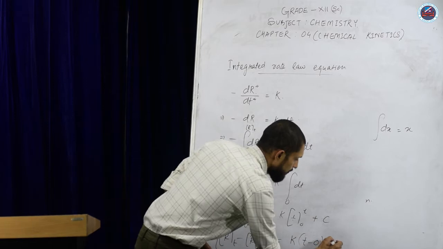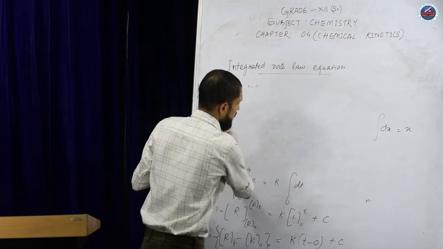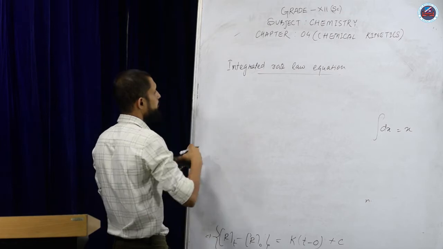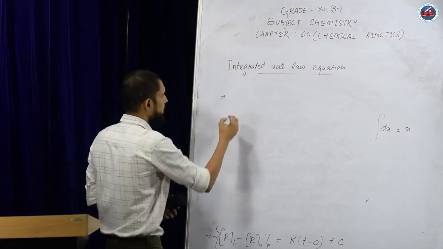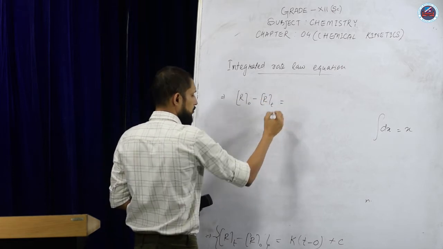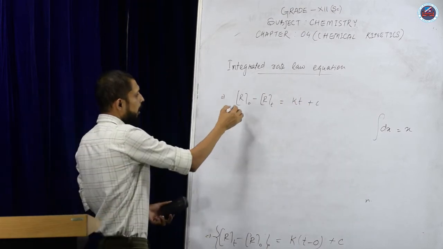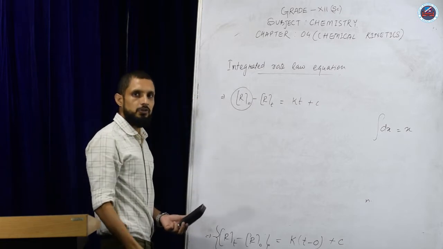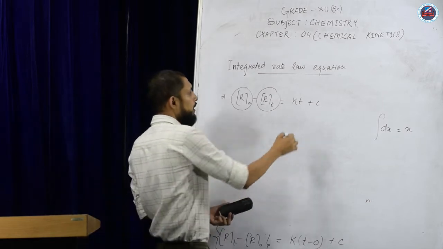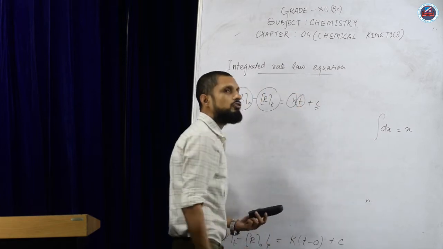So t minus 0 plus integration constant C. So if you multiply by the negative sign, you will get R0 minus RT is equal to KT plus C. Here R0 is the concentration of reactant at time t equal to 0. RT is the concentration of reactant at time t. K is rate constant. T is time. And C is integration constant.